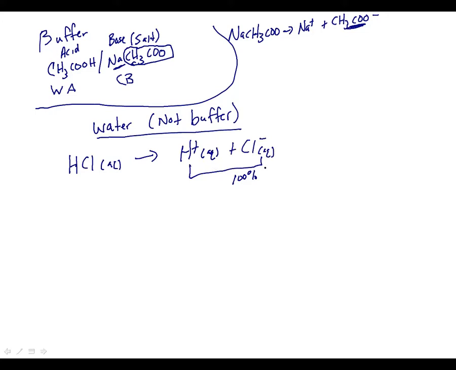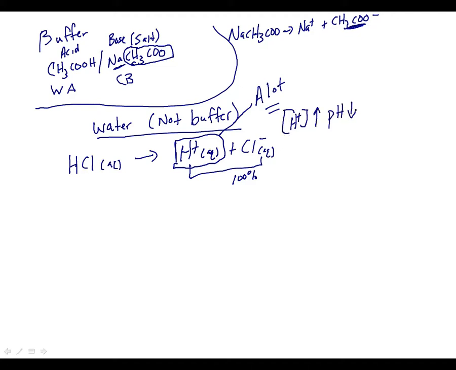Essentially what that means is you're going to produce a lot of H plus really, really fast. And when you produce a lot of that H plus really fast, we would expect to see a big change in the pH, because as the H plus concentration goes up, the pH will go down.